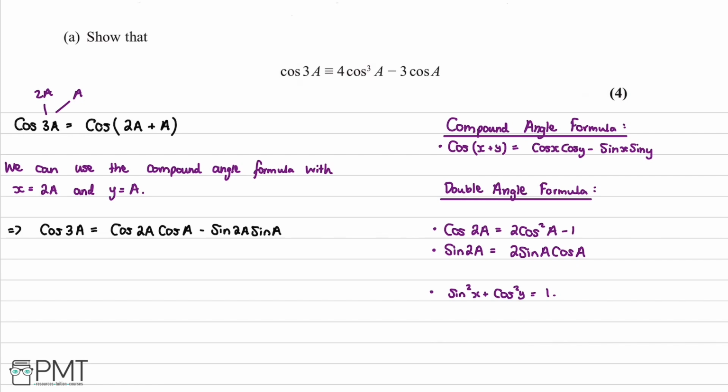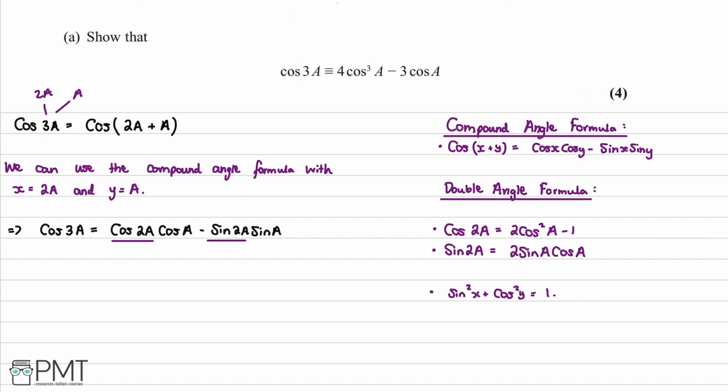So now we can use the double angle formula. We notice we have a cos 2a here and a sine 2a here, and we have the double angle formulas, which give us expressions for these. So we'll substitute these in.